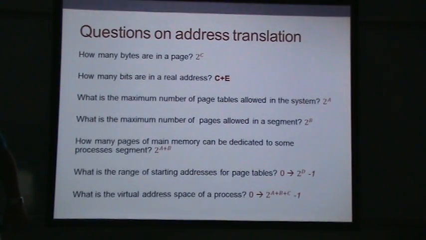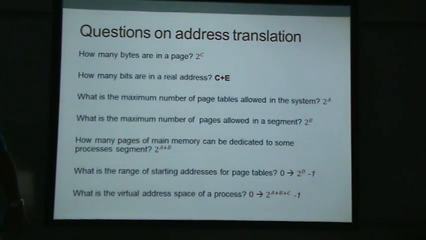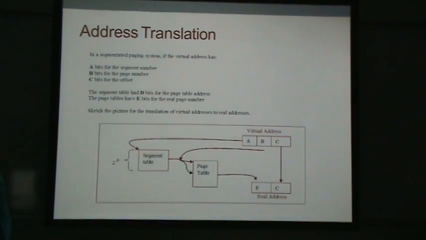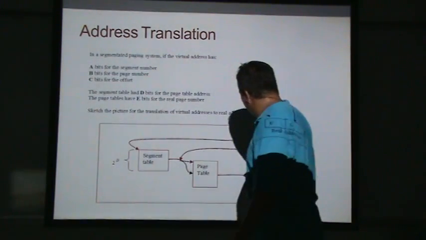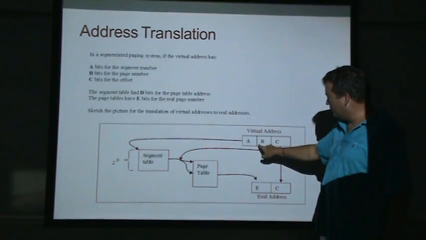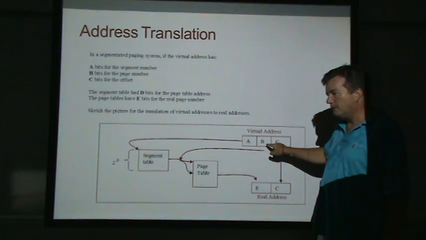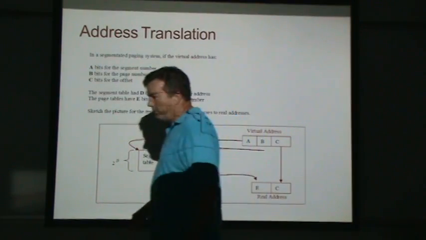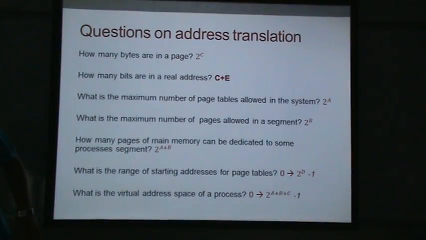So the number of page tables allowed for that process is 2 to the A. And then the maximum number of pages within a segment: for any individual segment, 2 to the B would be the number of pages that we can have.